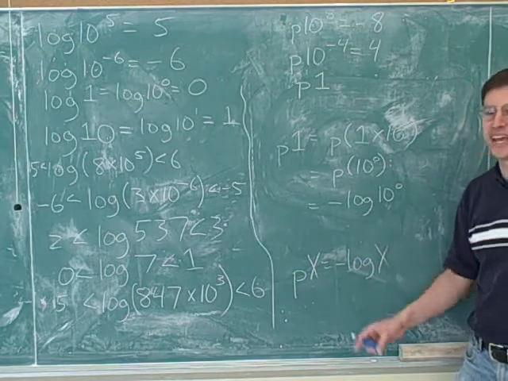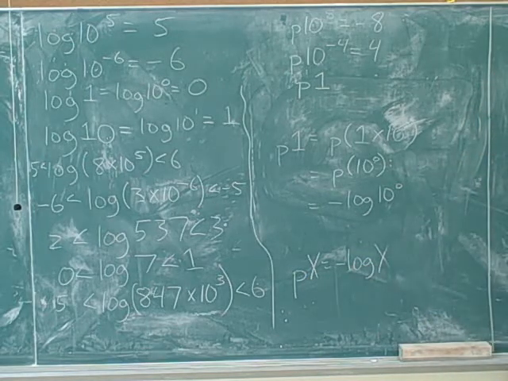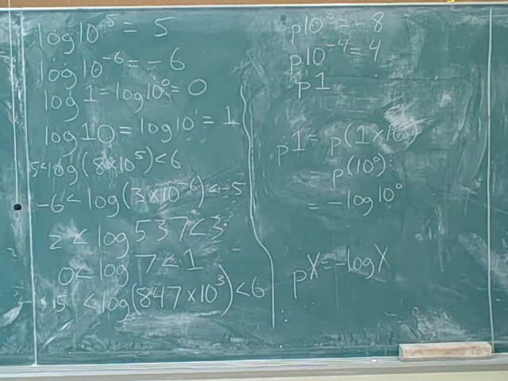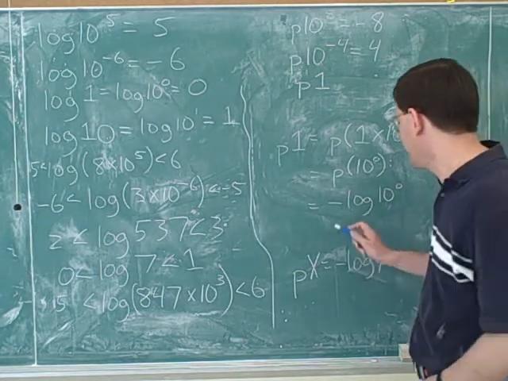The p of something is the negative log of that thing. And now we can simplify this step by step.